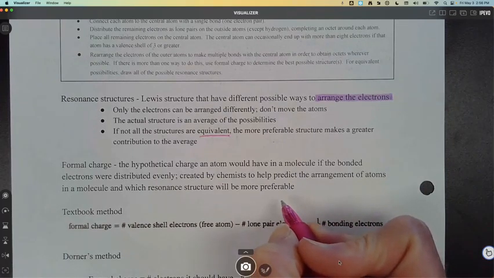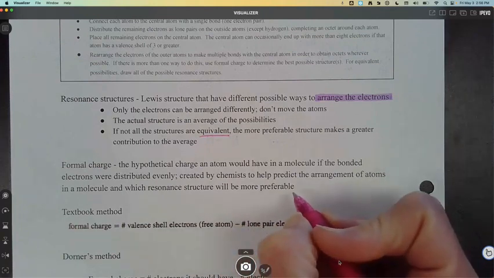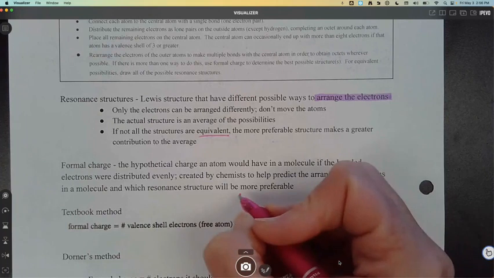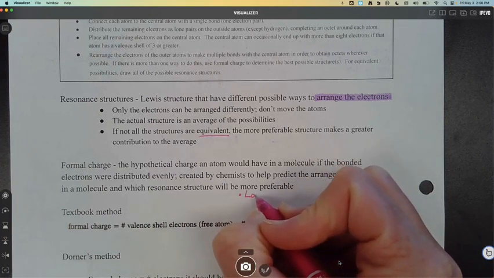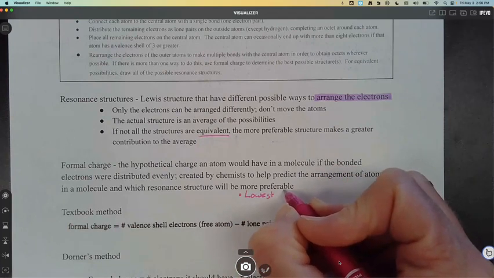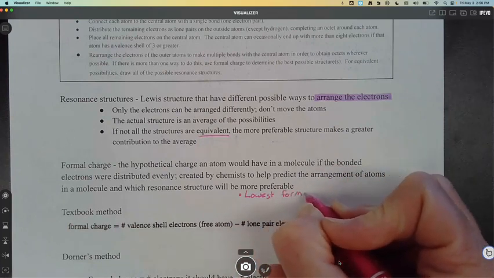So we need to make a list of what is going to be the more preferable situation for formal charge. The most preferable situation is that you want to create a structure that has the lowest formal charges.